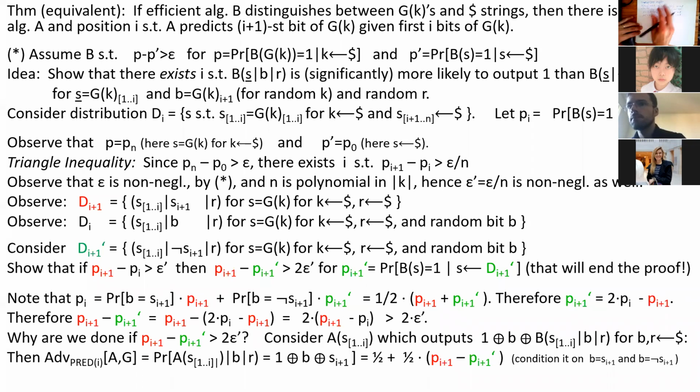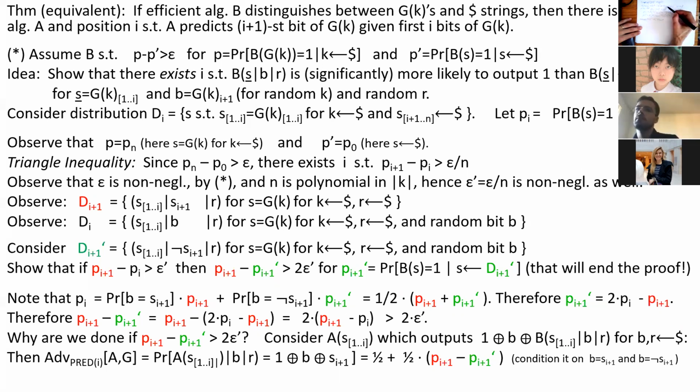Okay, and now how to tie it together? I want to argue that the advantage in the prediction experiment of A against the PRG is the probability that B, given this string and the random bit b, because that's what A is going to output.